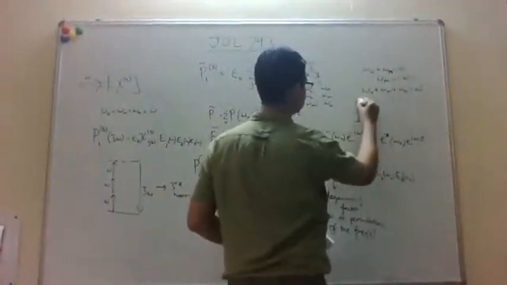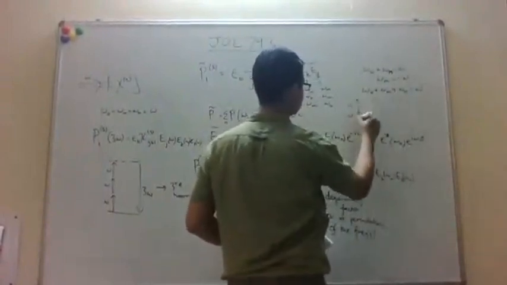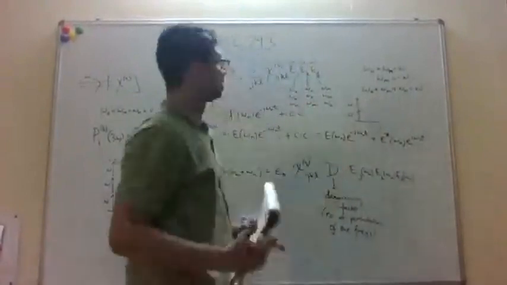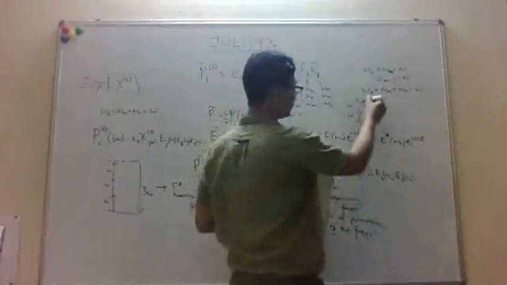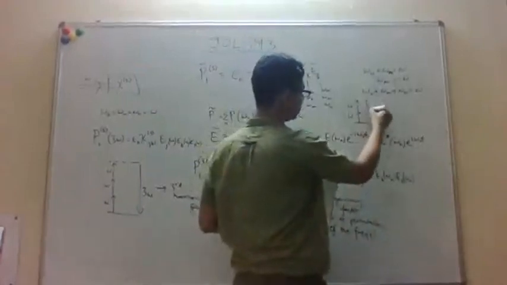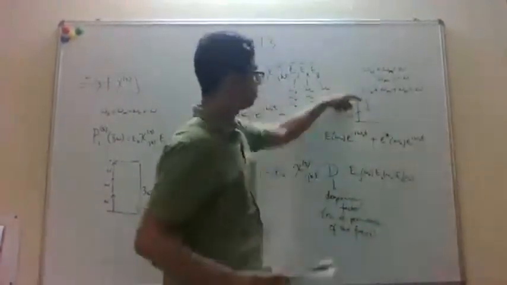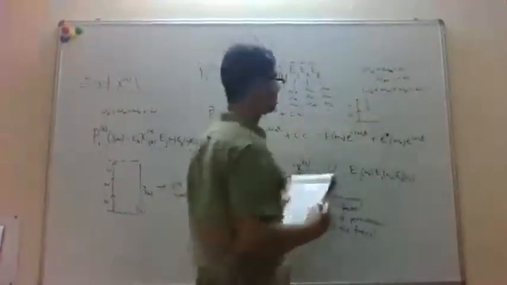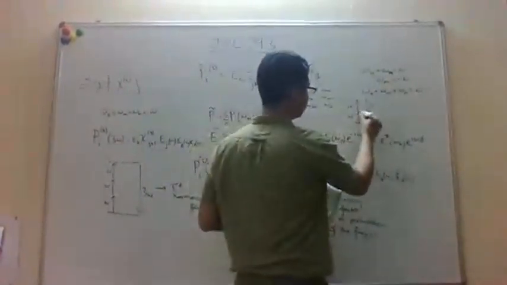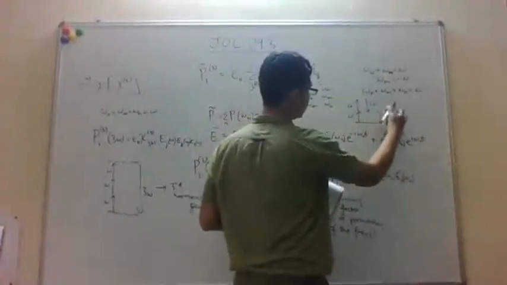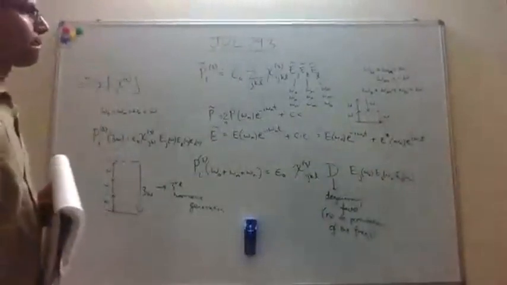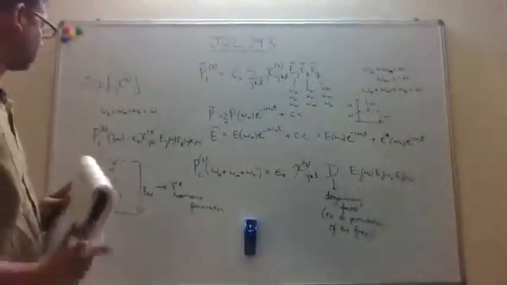So I'm adding omega and omega, but then I'm adding minus omega. So minus omega is like subtracting omega. So I come back down one, right? And I end up here. So my output is that omega. Okay.